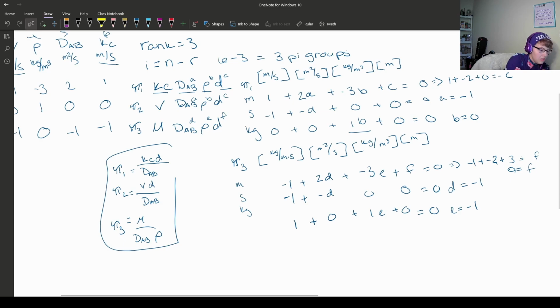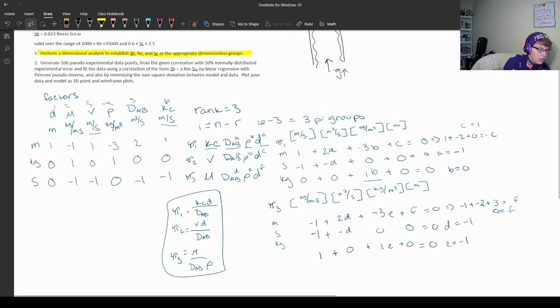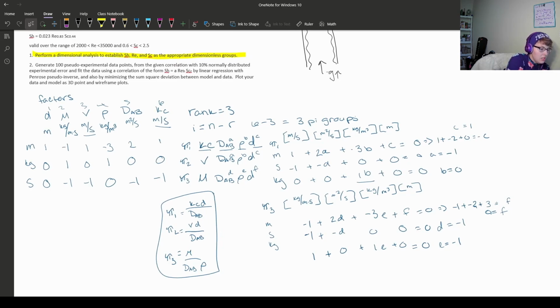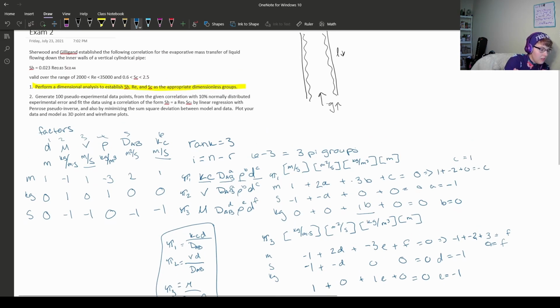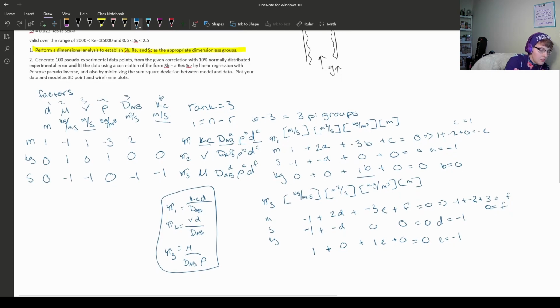So here are our 3 dimensionless groups that we calculated, and the 3 groups that were used and identified by Sherwood and Gilliland are the Sherwood number, which is equal to KcD over D_AB, which is our first one.